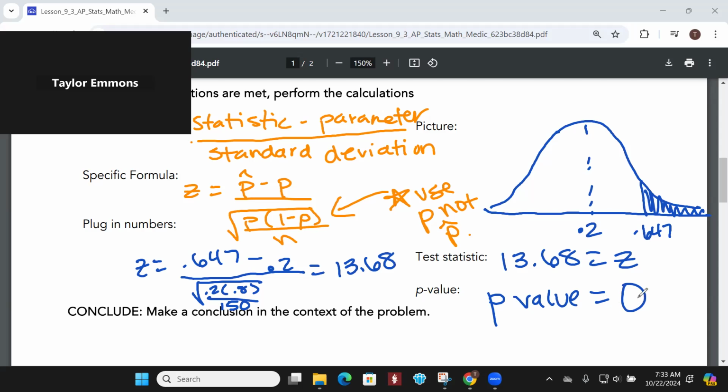But we don't figure that out until after we found the z-score. Because 13.68 standard deviations away from the mean. So the p-value is going to be 0 because it's not likely to occur at all.